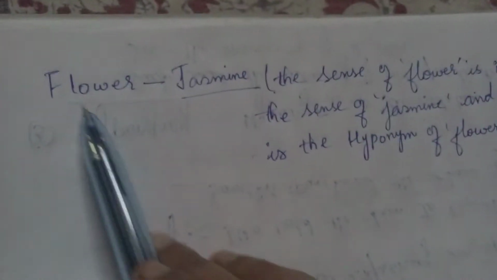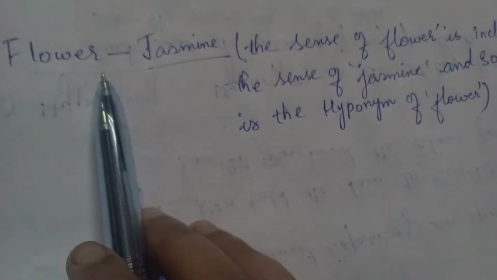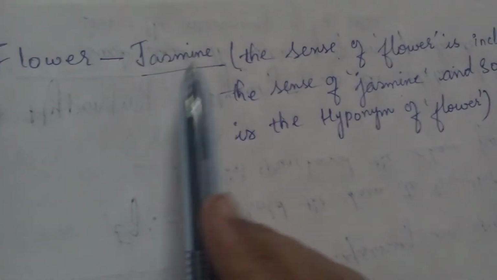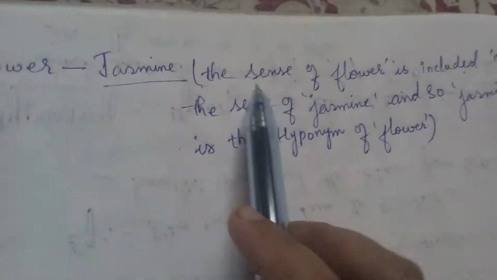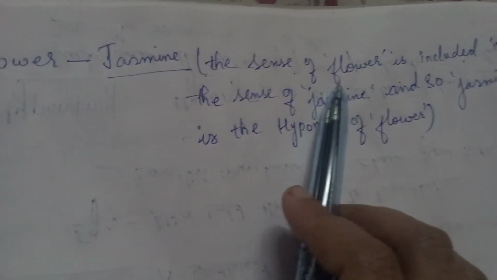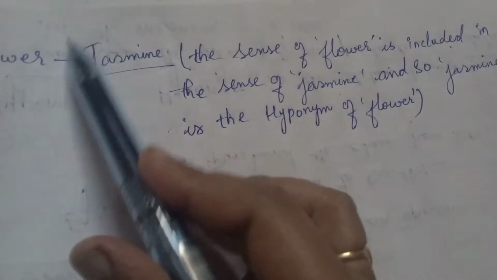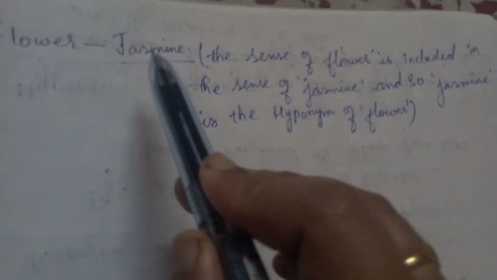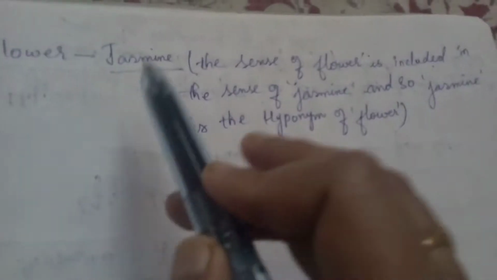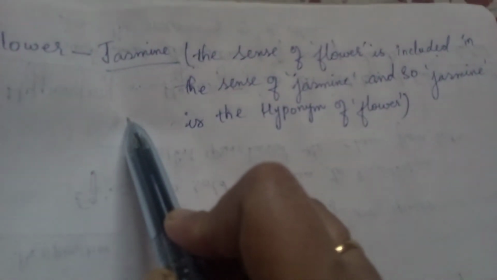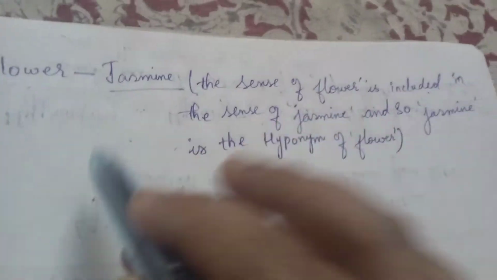Okay, so we will take a flower. Here we selected a jasmine flower. Here the sense of flower. When we say a jasmine flower, the sense of flower is included in the sense of jasmine. Okay, it means when we are talking about the jasmine, we are including the characteristics of a flower.